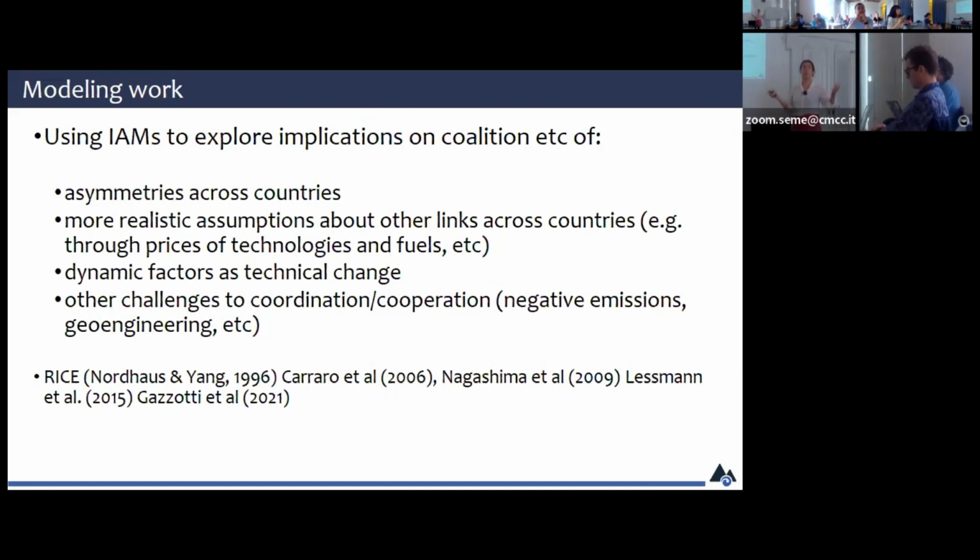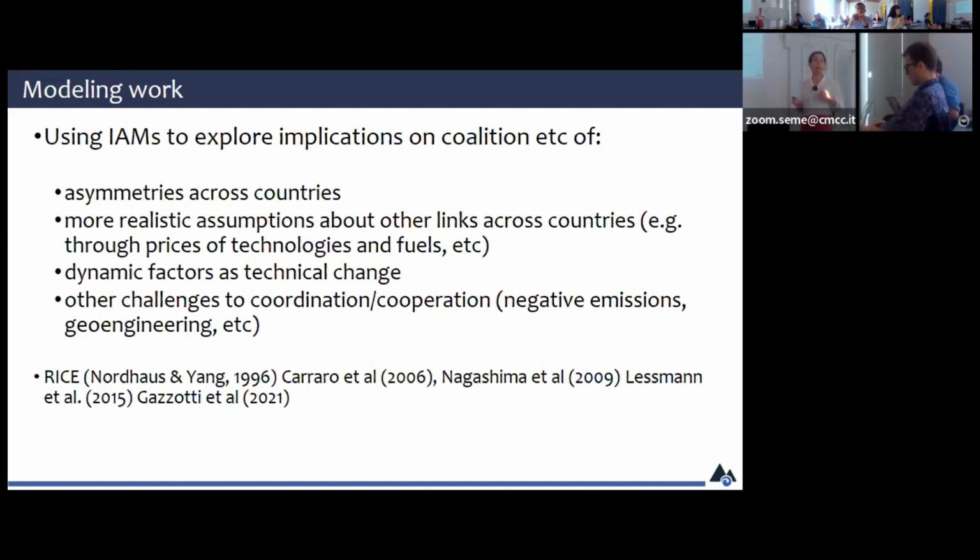For example, there's going to be some level of correlation or relation in the fossil fuel trade sector. There's going to be some correlation across countries in the prices of technologies. Typically the cost of technology goes down because of, say, learning by doing.